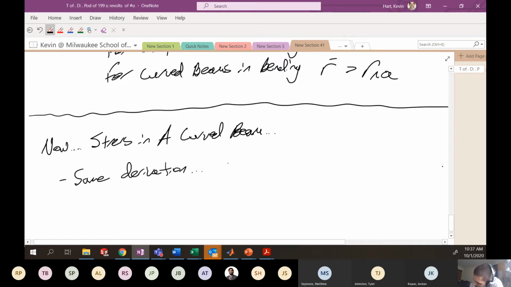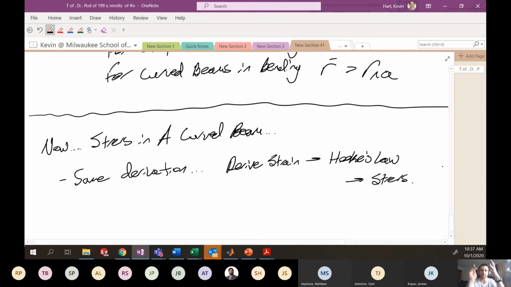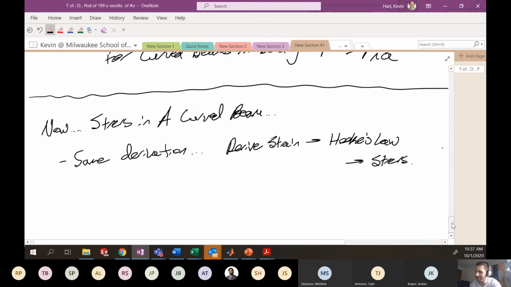We will derive strain, then use Hooke's law to get the stress. And we'll see what the distribution is. It will not be linear. You're going to be blown away. Blown away, I say.